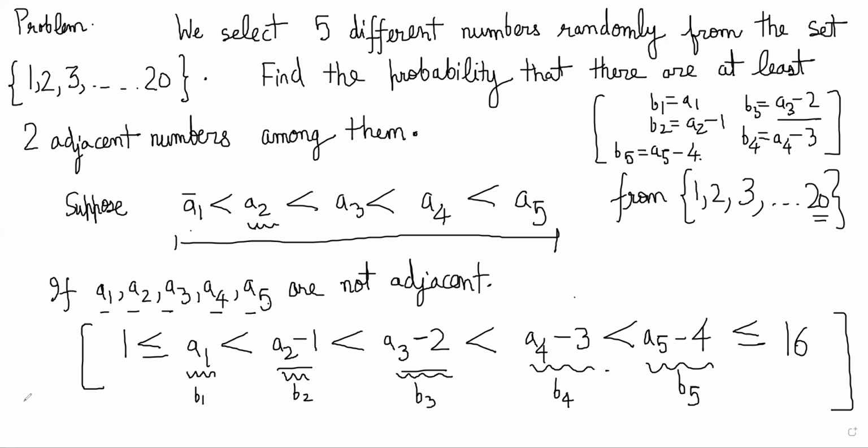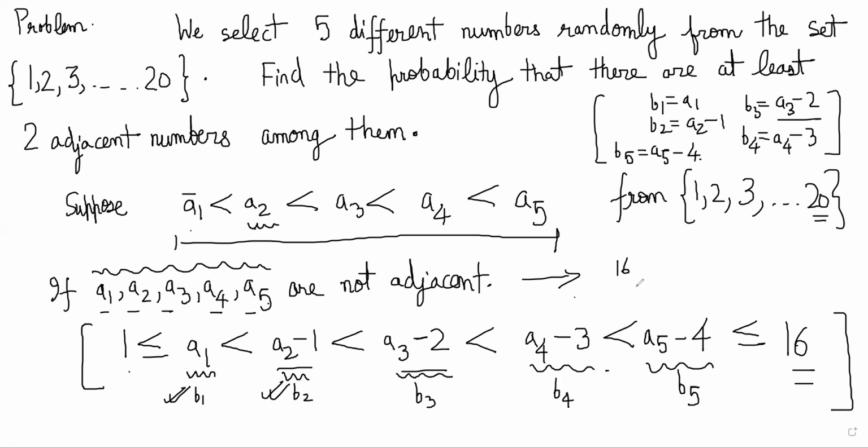So the way to solve this question for the case where A1, A2, A3, A4, A5 are not adjacent is to choose B's like this from 1 to 16, where each B is equal to A1 or A2 minus 1 or A3 minus 2 and so on, right? So the number of ways to choose this would be simply selecting 5 numbers out of 16 numbers.